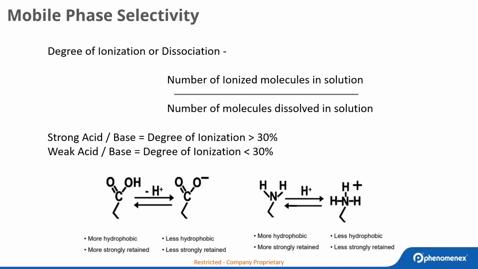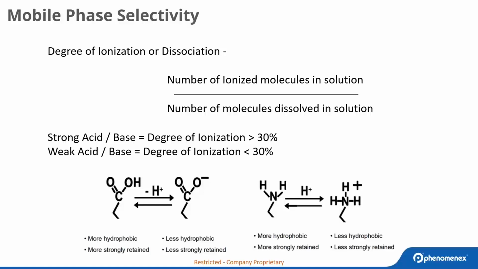So you don't want both the ionized state and the neutral state both present at the same time, because the ionization state of an analyte directly affects its interaction with the stationary phase. So pH is the factor that directly controls the ionization state of the analyte or analytes.